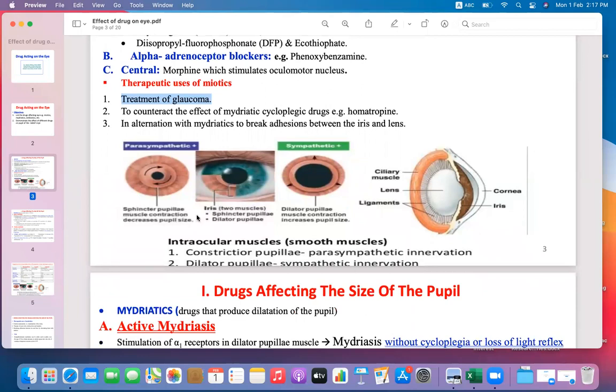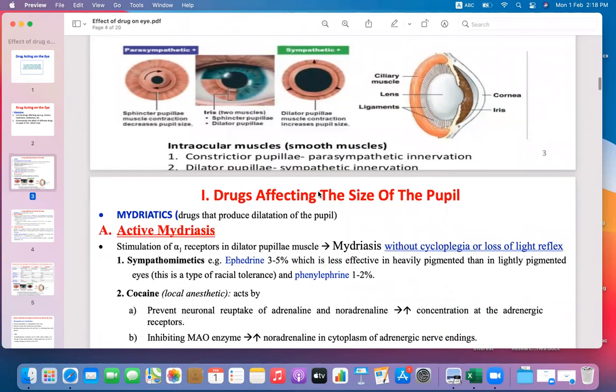So if you see here the structure, here is the sphincter pupillae, or we can say constrictor pupillae. This is generally supplied by the parasympathetic innervation, muscarinic 3 receptor, and stimulation causes miosis. And here, the dilator pupillae is generally connected with the sympathetic innervation, which causes mydriasis.